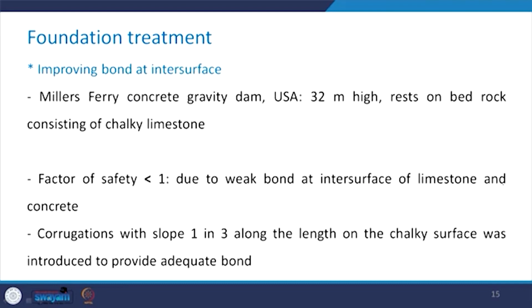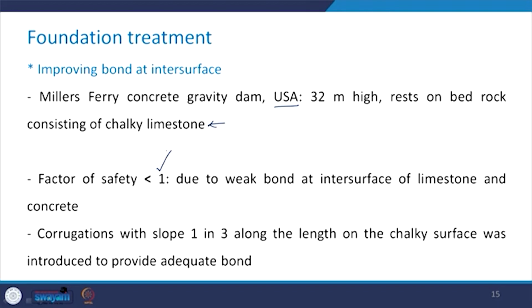The next one is say the situation is like that there is not a proper bond at the interface. Such a measure was adopted in Miller's Ferry concrete gravity dam in USA, which is 32 meter high, and it rests on bedrock consisting of chalky limestone. And the factor of safety was found to be less than 1 because of the weak bond at the interface of the limestone and concrete.